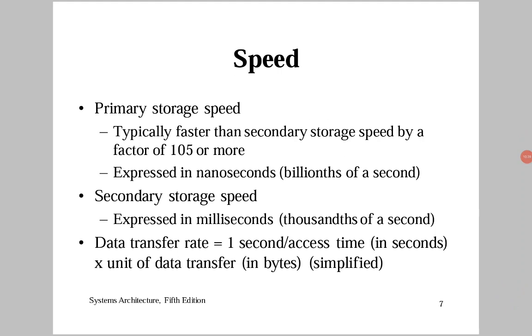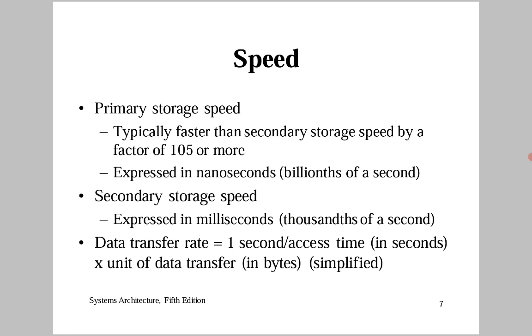The speed of a primary memory is very high compared to secondary storage devices, 100 times more. The speed of a secondary storage device is generally expressed in milliseconds, which means thousandths of a second.